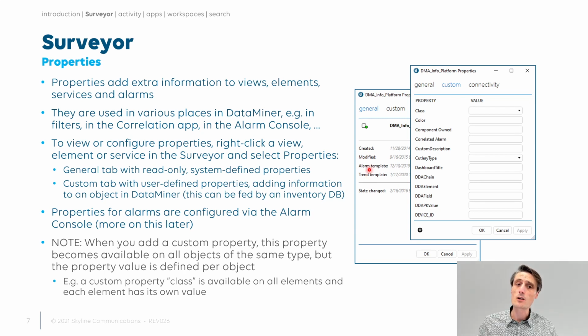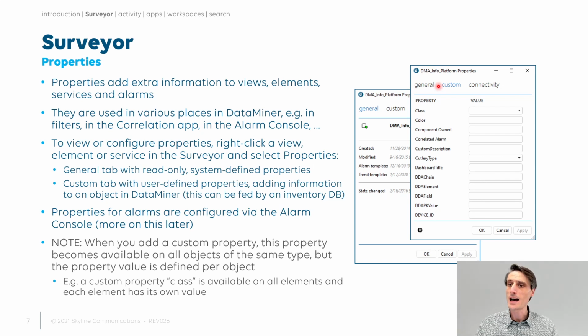But the interesting part comes into the second tab page, where we can add and define our own custom properties, as we call them. Custom properties allow you to add additional information to views or elements or services.